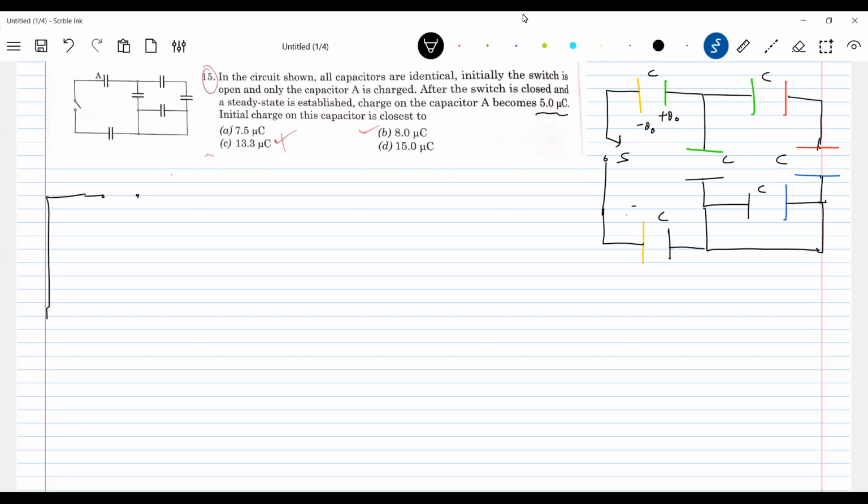Look at this capacitor. What about this capacitor? What shall I do with this? If they're shorted, I should replace it with a wire. So this will be a shorted one. This capacitor will be shorted.